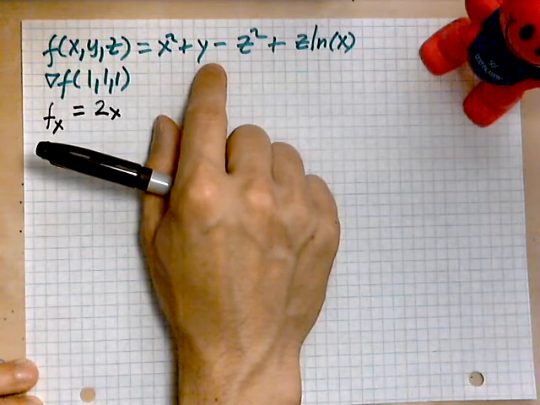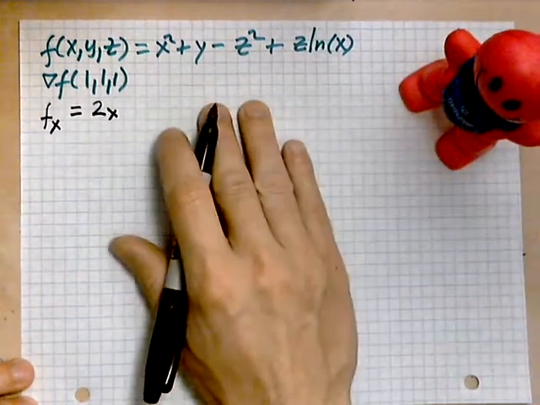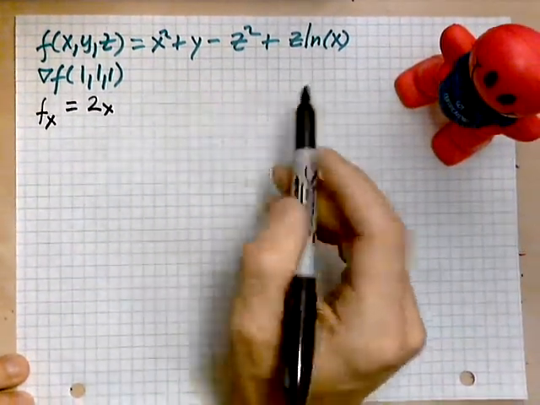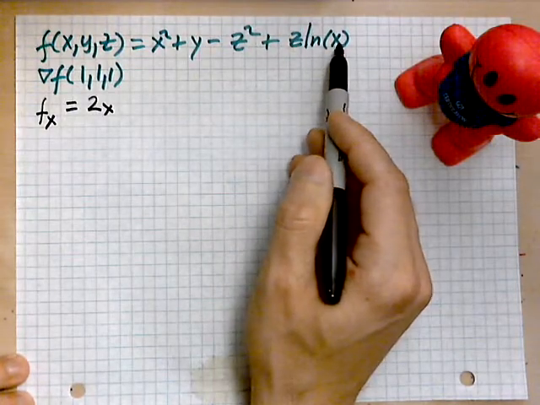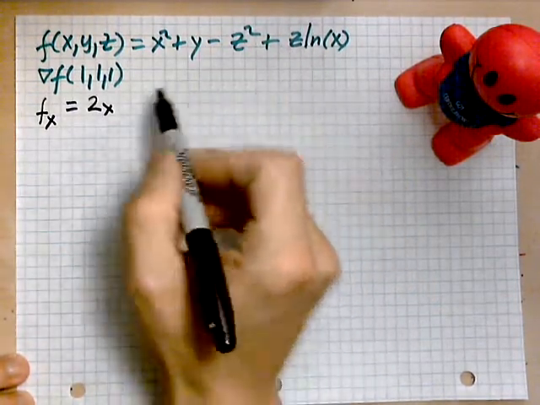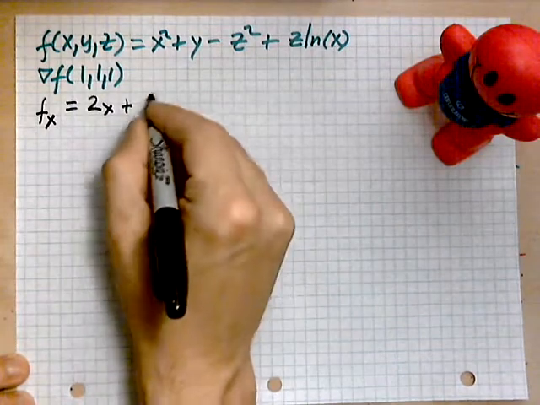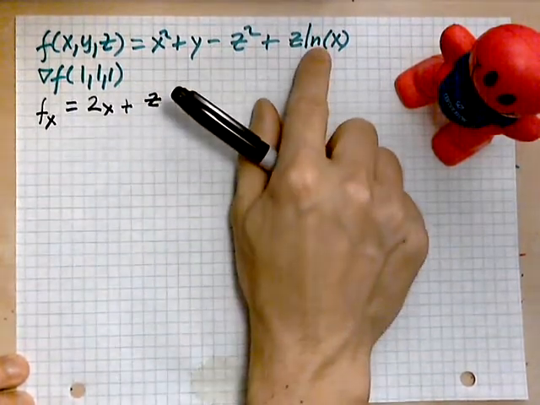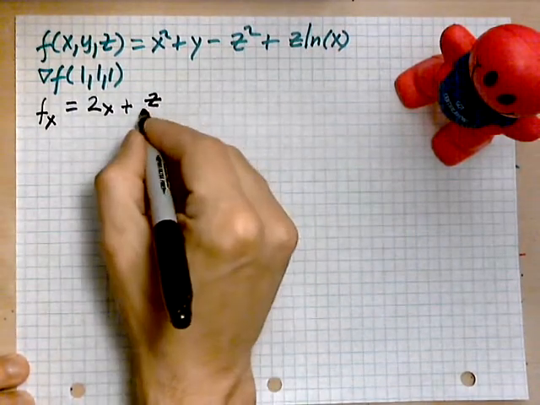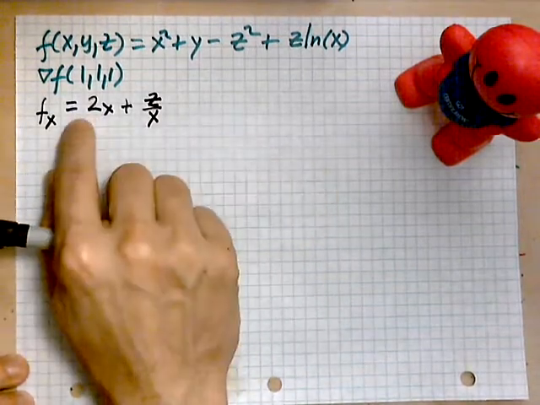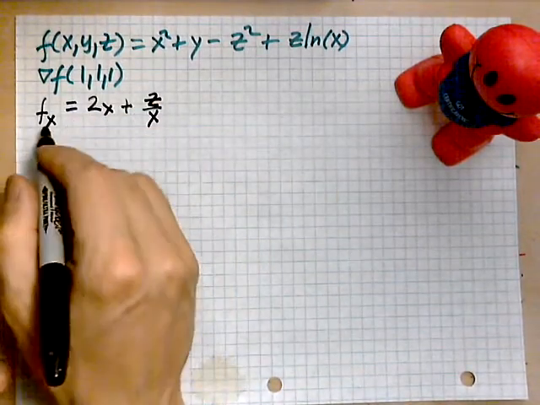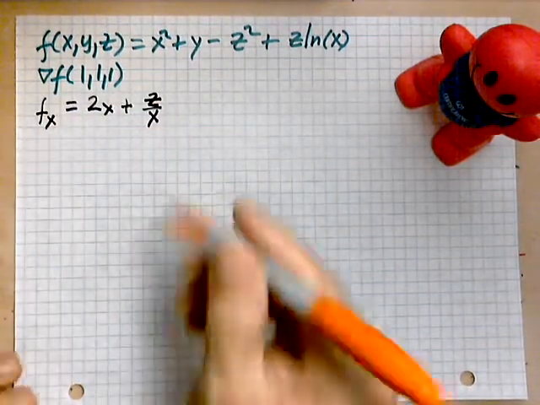And z times ln of x, well, you simply keep the z because that's a constant, and the derivative of ln of x is just 1 over x. So 2x plus z over x is the partial with respect to x.